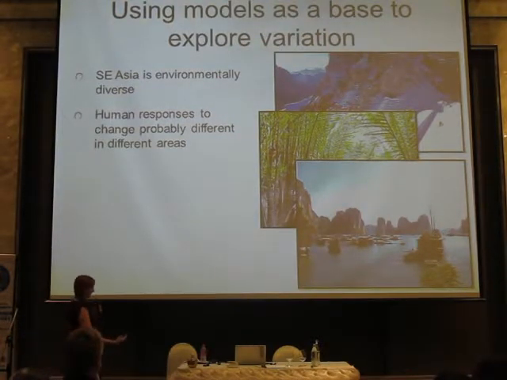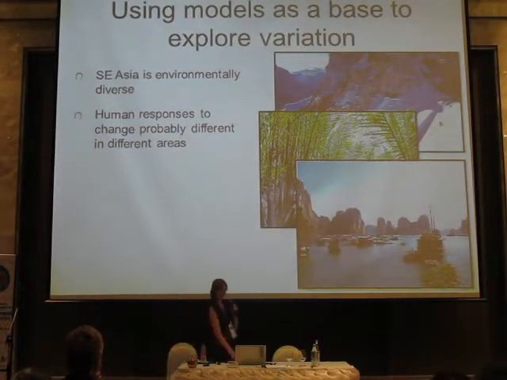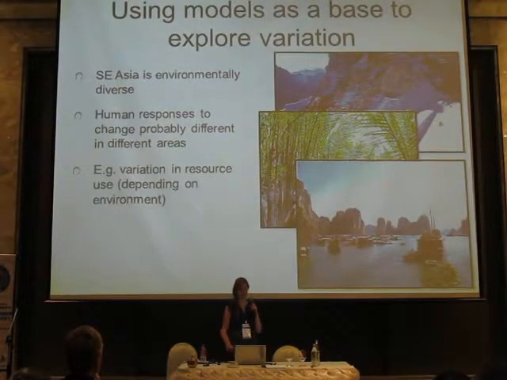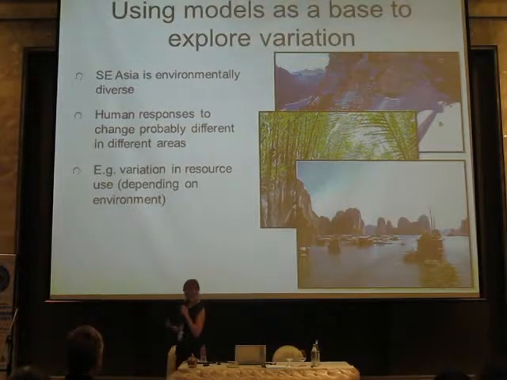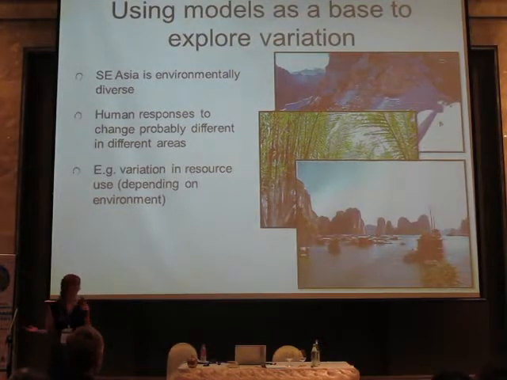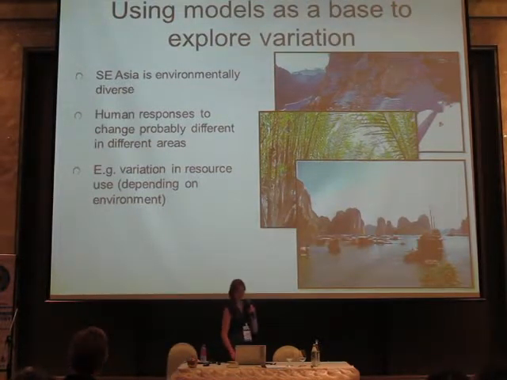So in different places, because you've got different environments, you've got different stuff going on, you're going to get a different response in terms of health, in terms of social behaviour, that kind of thing, to any change. For example, resource use is going to vary massively just depending on what's available in an area. You might not have the impetus to rely on agriculture so much initially.